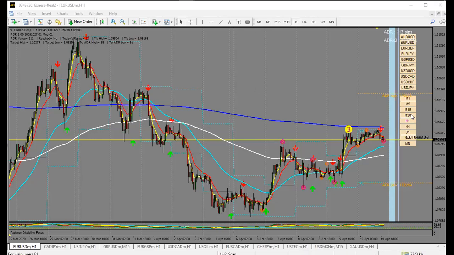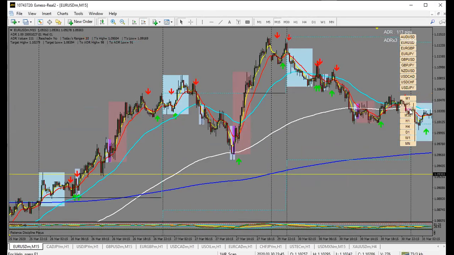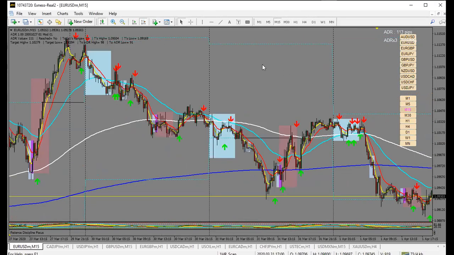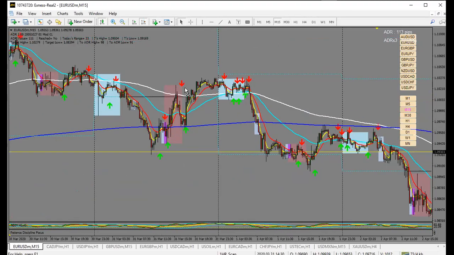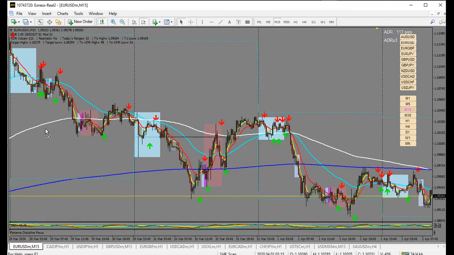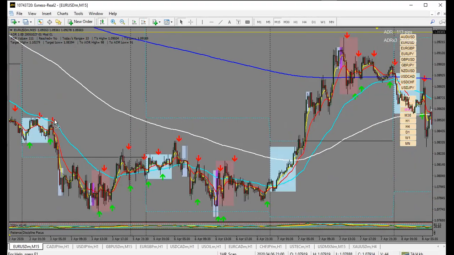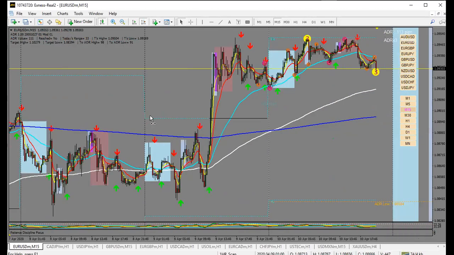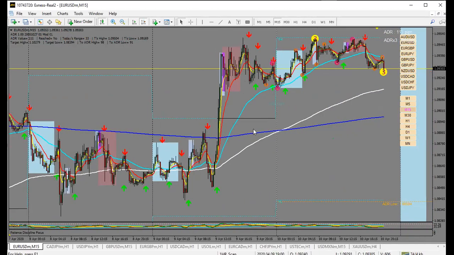M15. All right. Now, I'd like to pick from anywhere. Okay. Look at this one. This one.